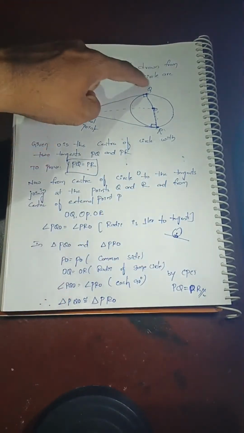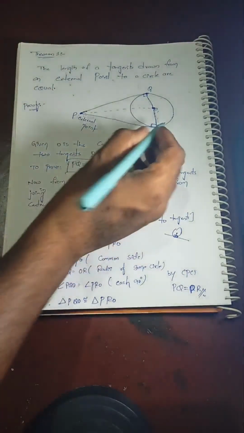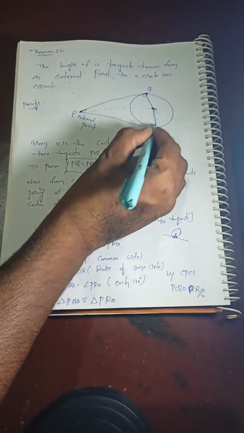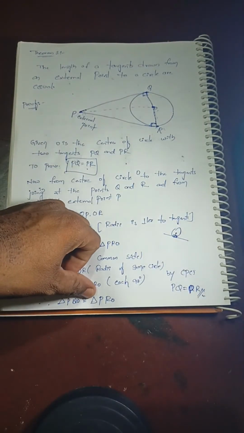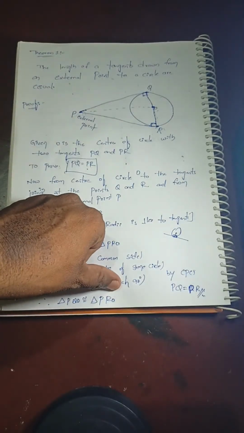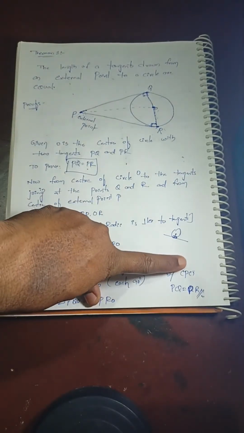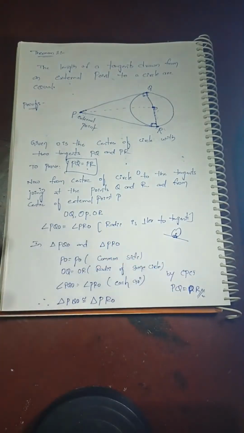Lastly, wherever you draw the tangent, it makes an angle of 90 degrees compulsorily. Therefore, triangle PQO is congruent to triangle PRO, and by corresponding parts of congruent triangles, PQ is equal to PR. That's it.